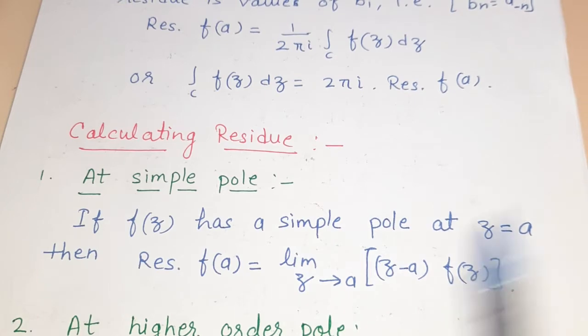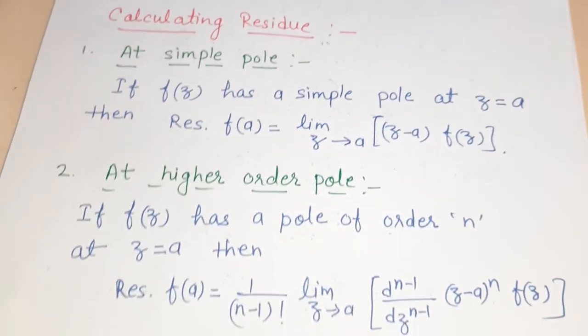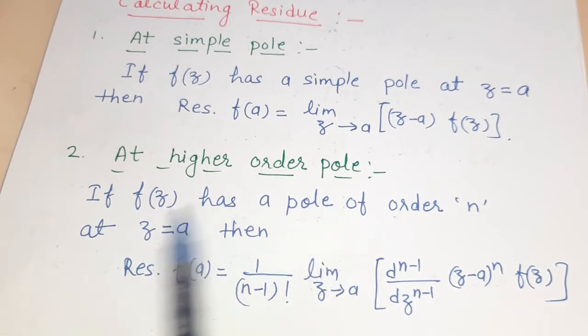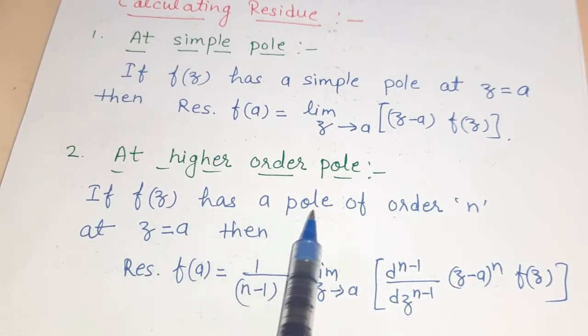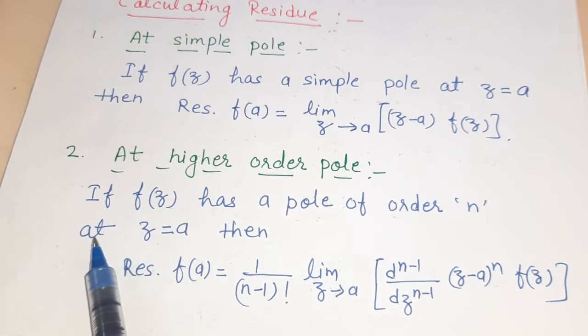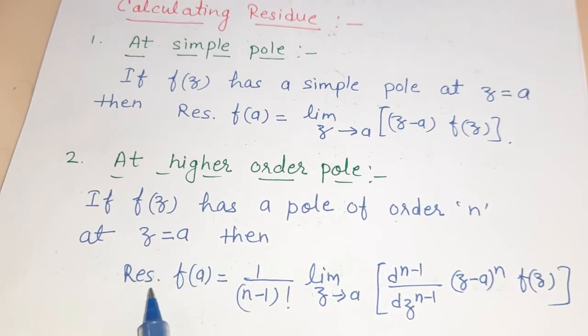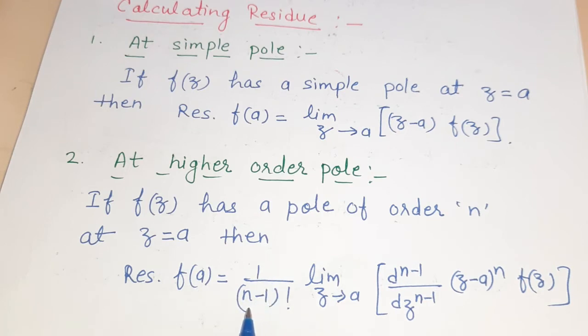And at a higher order pole, if f(z) has a pole of order n at z is equal to a, then the residue of f at a is equal to 1 by factorial (n minus 1) times the limit z tends to a of d^(n-1) divided by dz^(n-1) of (z minus a)^n f(z). So this is how we calculate the residue at a simple pole and at a higher order pole.